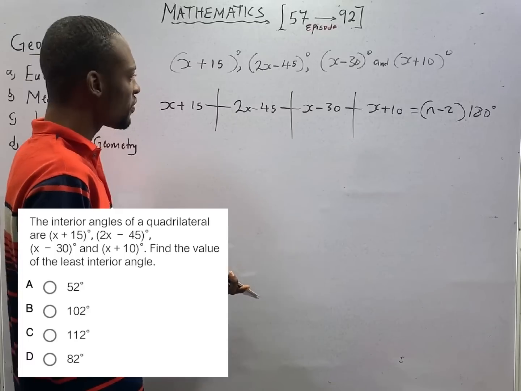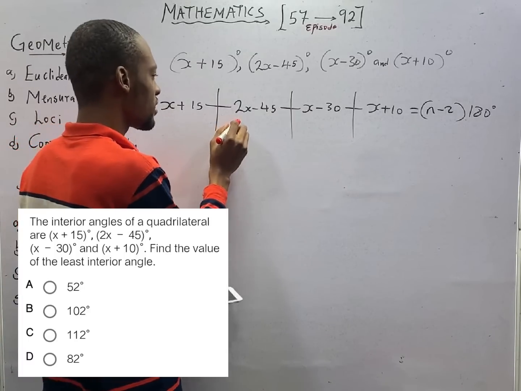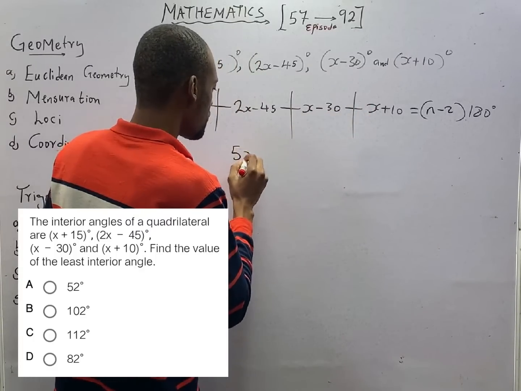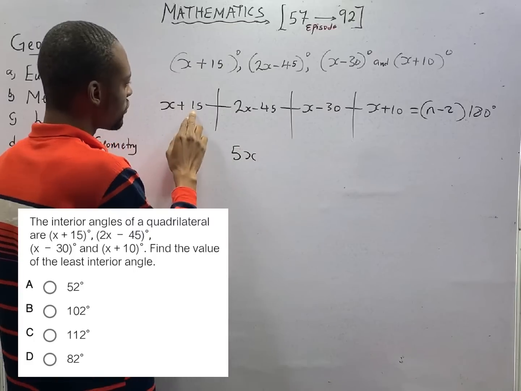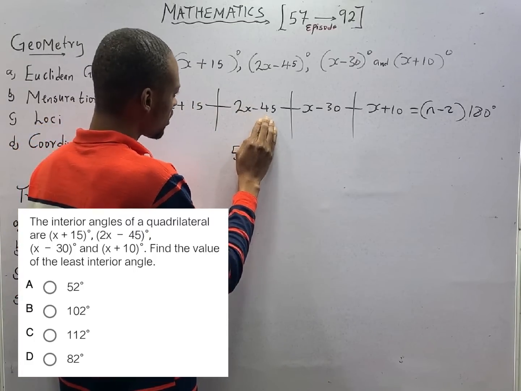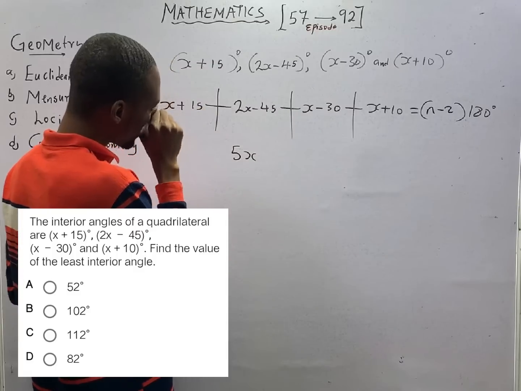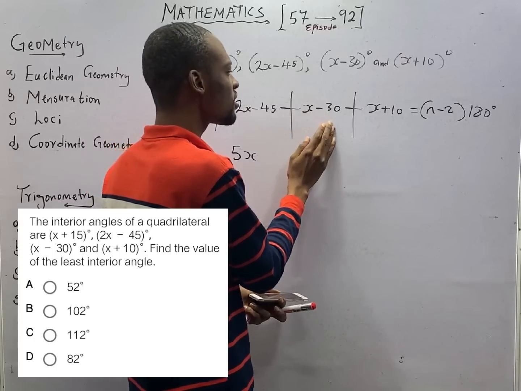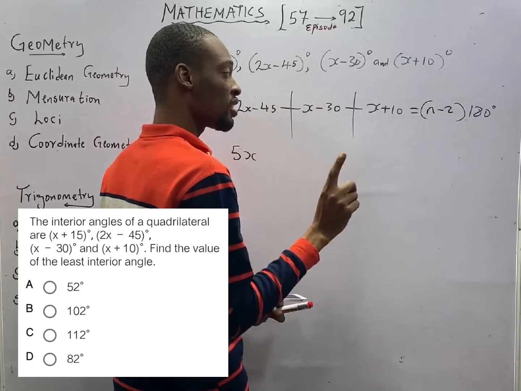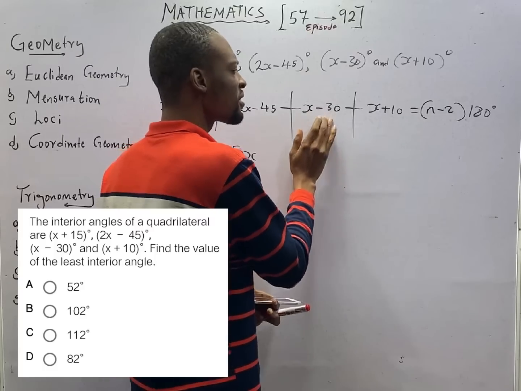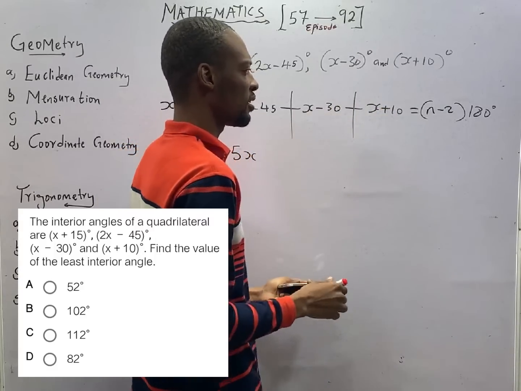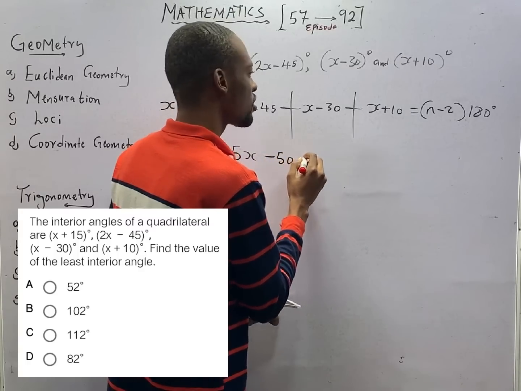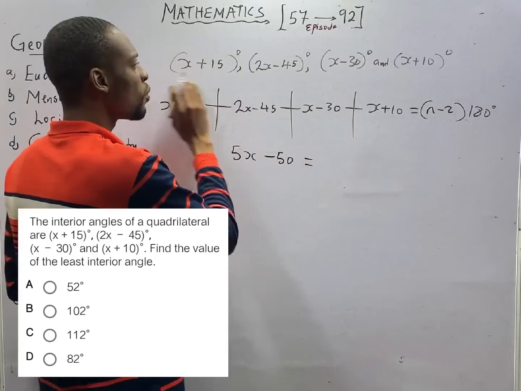So adding them, we have s plus 2s is 3s, plus s is 4s, plus s is 5s. Then 15 minus 45 is minus 30, minus 30 is minus 60, plus 10 is minus 50. So 5s minus 50 is equal to, n is 4.